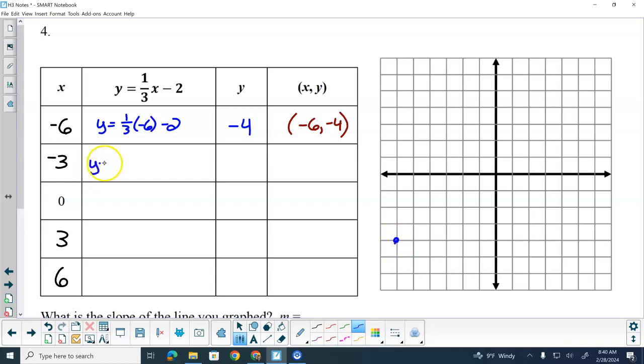Y equals 1/3 times negative 3 minus 2. 1/3 times negative 3 is negative 1, minus 2 is negative 3. One-third times 0 is 0, minus 2 is negative 2.